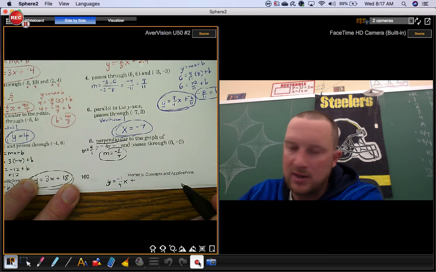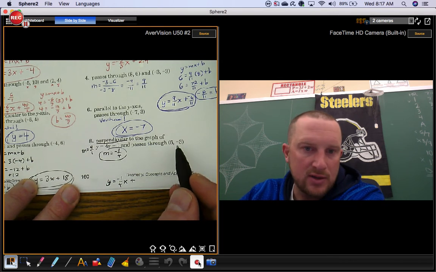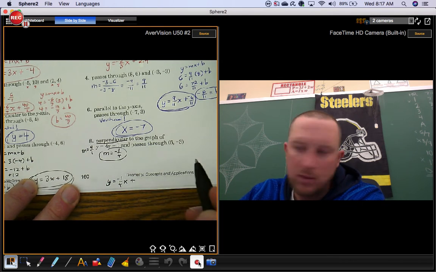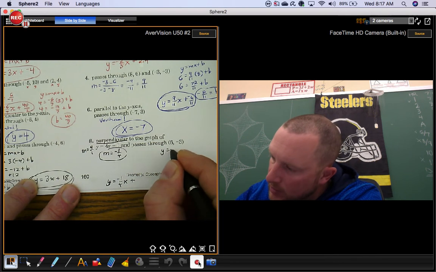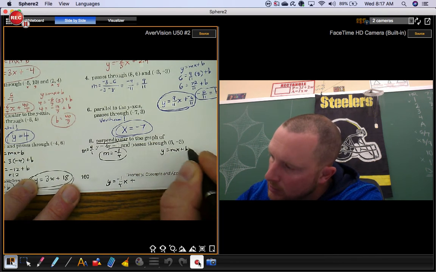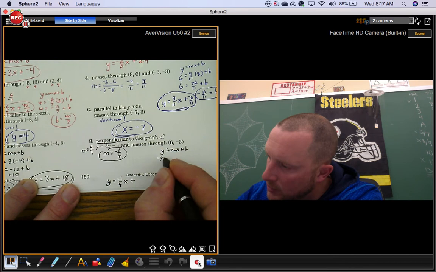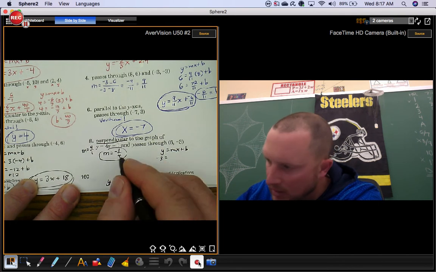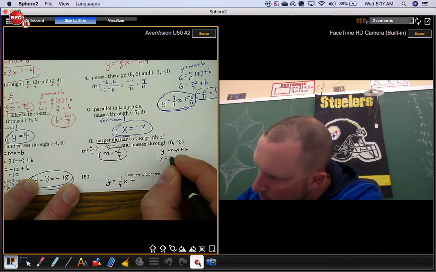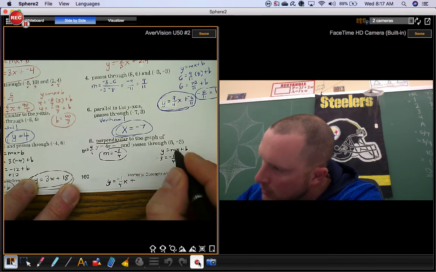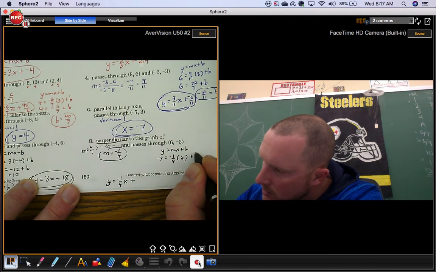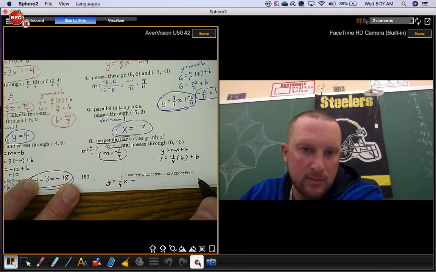I still need the y-intercept. That is not a y-intercept. That is not a 0. So find the y-intercept. I'm going to plug my y value in, use my new slope, use my x, solve for my b.